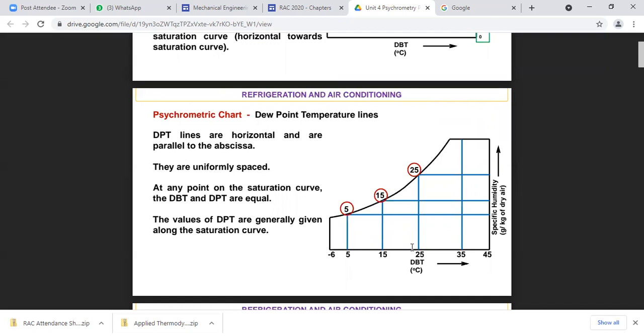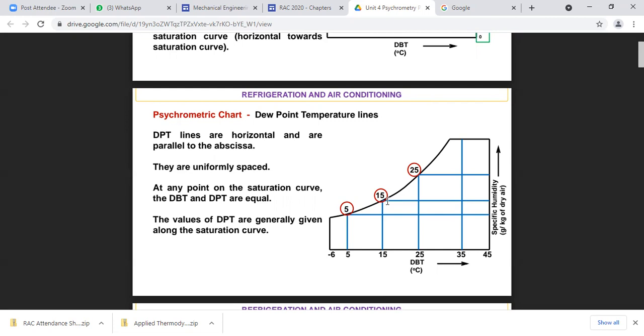At any point on the saturation curve, the dry bulb temperature and DPT are equal, and the values of DPT are generally given along the saturation curve. The saturation temperature at which condensation of water vapor to visible water takes place is called the dew point temperature.